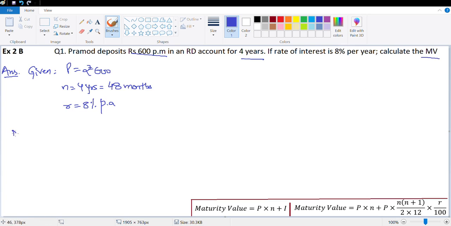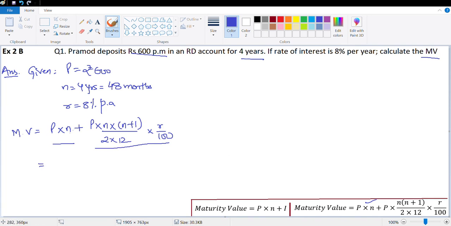So the formula for maturity value is P into N plus P into N into N plus 1 upon 2 into 12 multiplied with R upon 100. I have written the formula here. This is the formula for interest, and this is the total principal deposited by you.